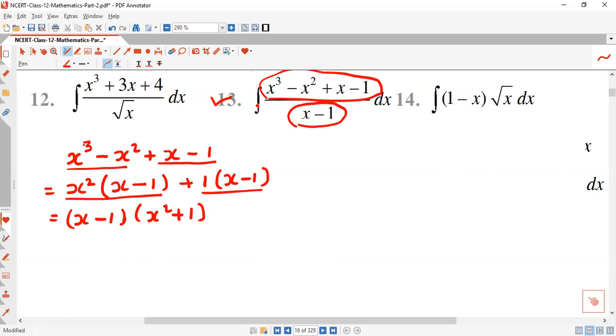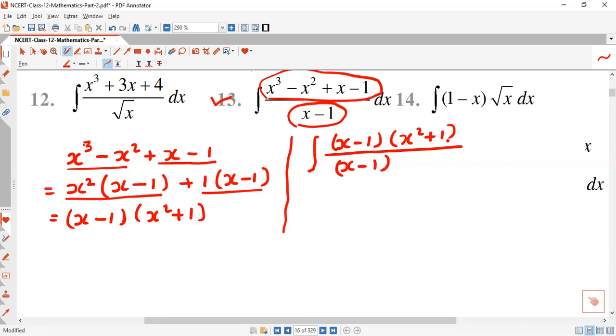So what does this integration become? Write down the factors of this part: x minus 1 times x square plus 1, divided by x minus 1, dx. This x minus 1 factor and this x minus 1 factor are common in numerator and denominator.